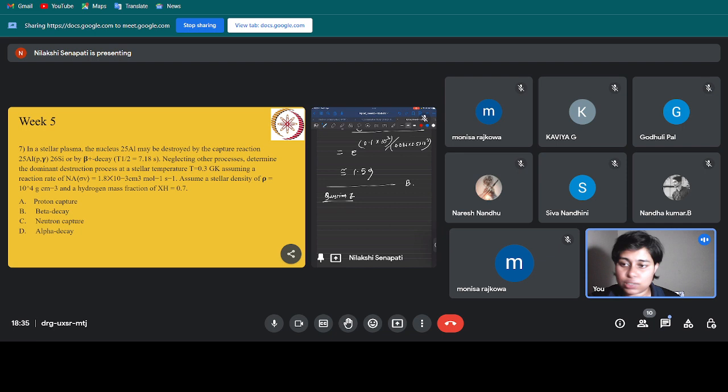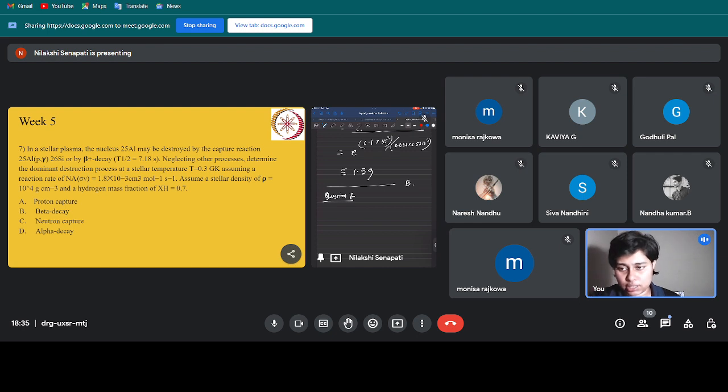For this type of question, you just need to calculate the mean life of this 25 aluminium by beta decay and by proton capture, because neutron capture and alpha decay are not possible conditions for this reaction.